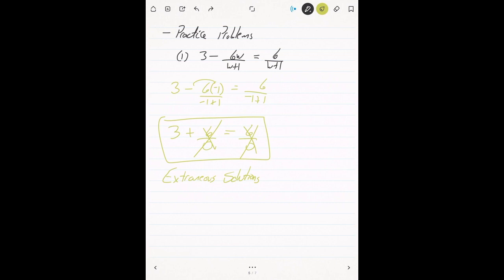So that's partially why we have the risk of sometimes our solutions being extraneous, meaning they're really not solutions because they don't work. This is why it's incredibly important to check your work. You need to see, does your answer actually solve the problem, or does the problem have one of these extraneous solutions?